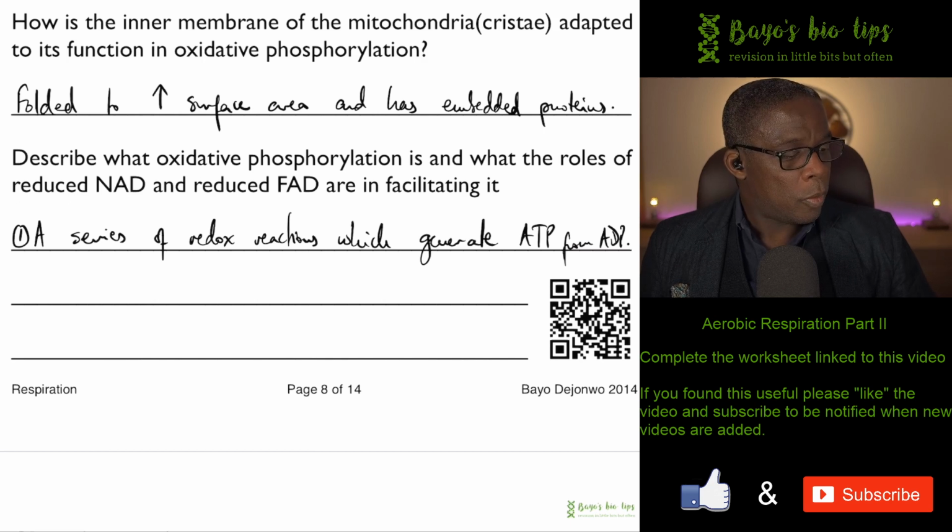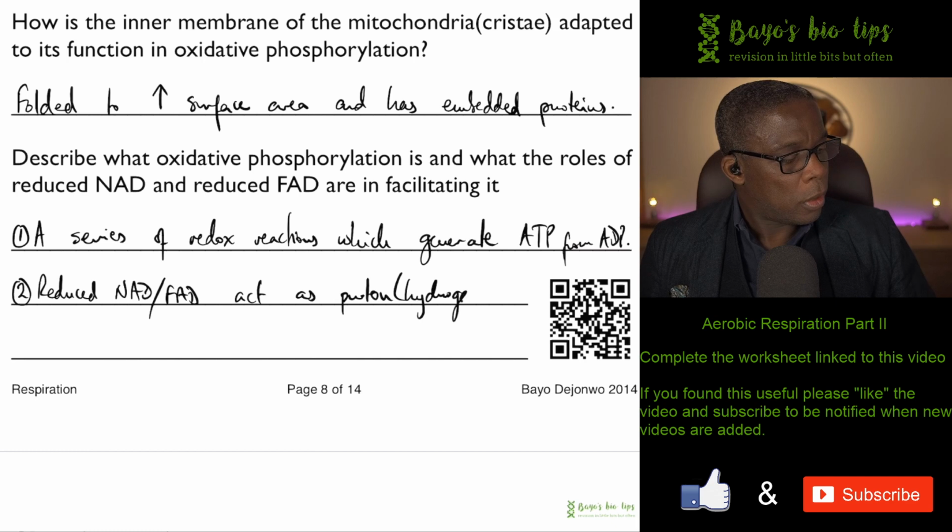So what's the job of NAD and FAD? So reduced NAD and reduced FAD act as what we would describe as proton, hydrogen ion, and electron transporters.